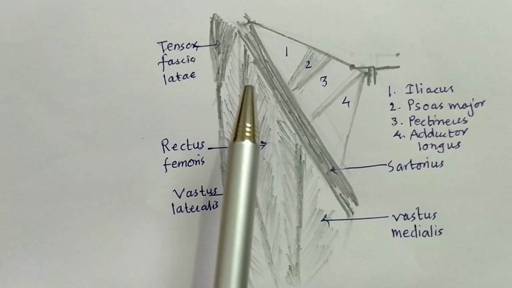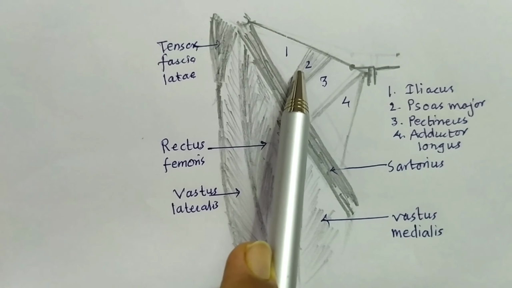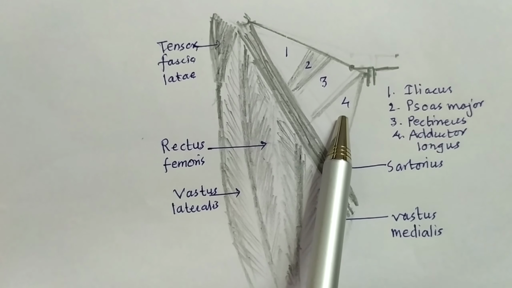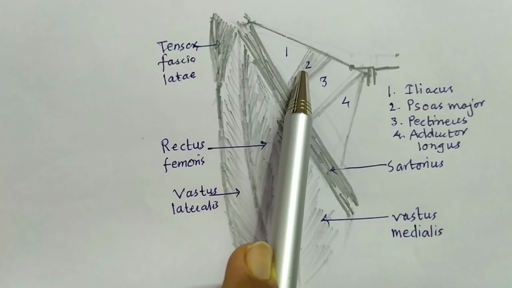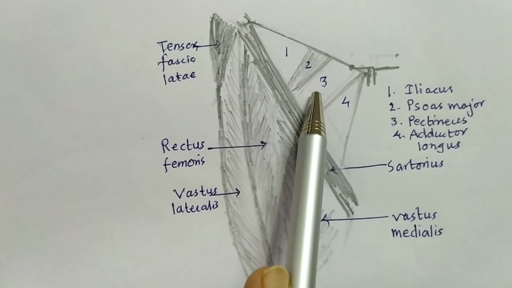In the floor of femoral triangle, there are four muscles. From lateral to medial, they are iliacus, psoas major, pectineus and adductor longus. The lumbar plexus lies inside the psoas major muscle. The iliacus and pectineus are supplied from the trunk of femoral nerve.